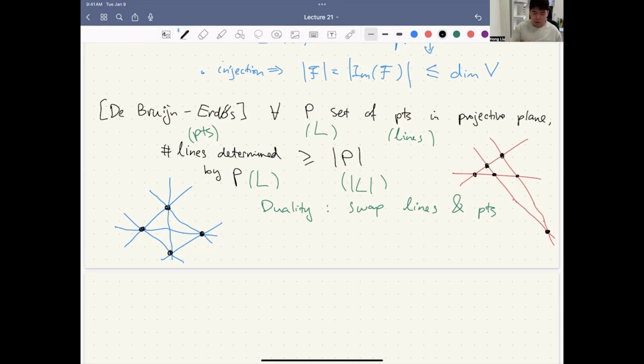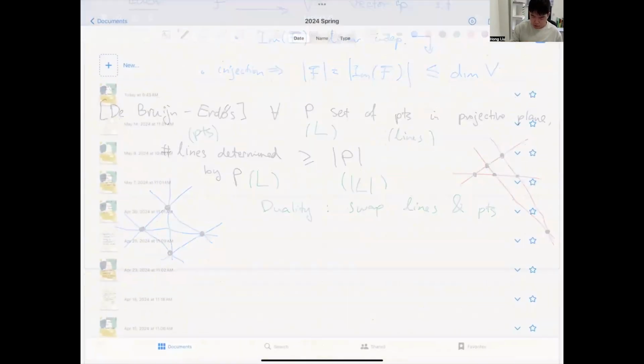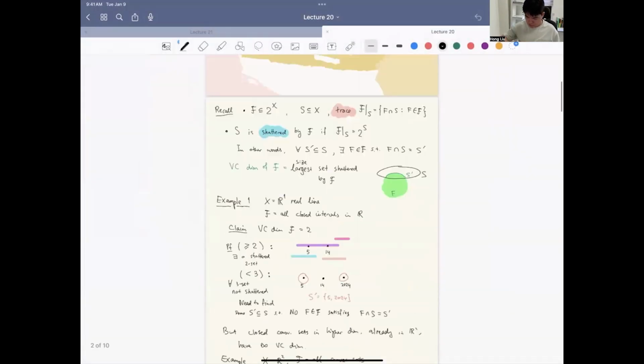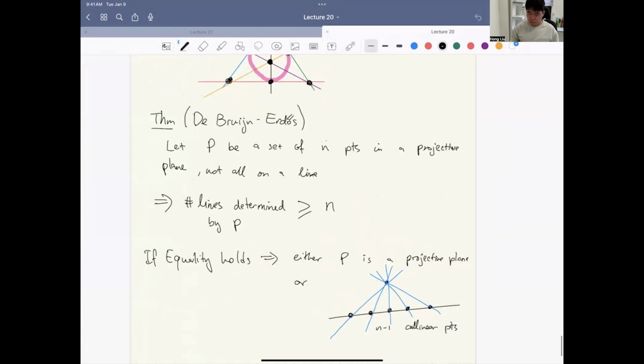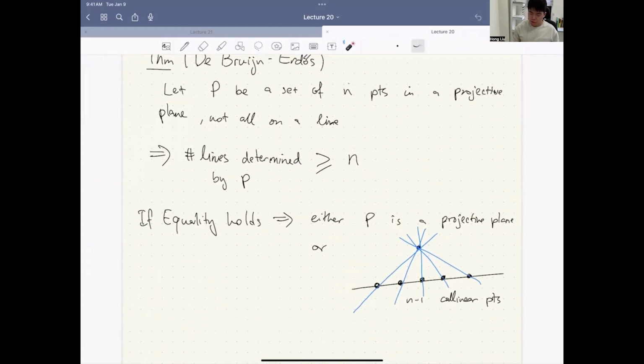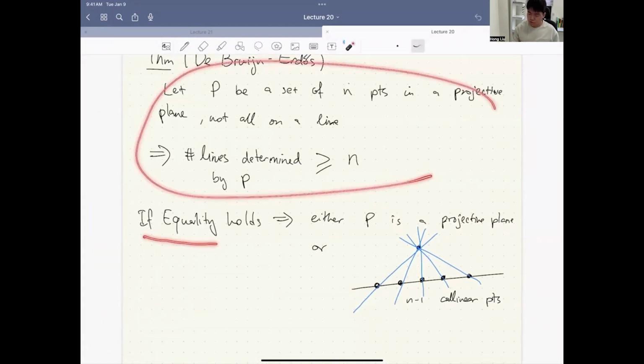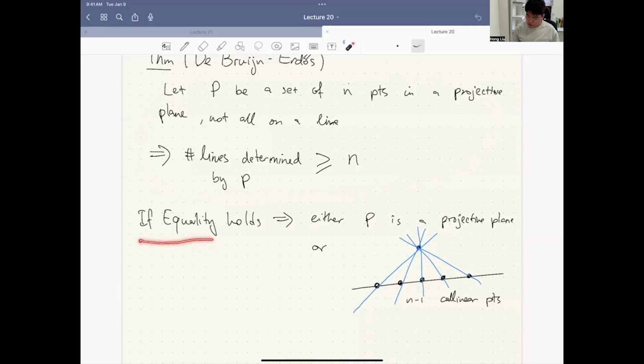So the remark, did I make the remark last time? Yes, I'm just going to mention it here, but we will not prove it. We will prove a weaker version of this one. The remark is that if equality holds, if the number of lines determined by points equals exactly the number of points, then there are two cases: either P itself is a projective plane, or you have this degenerate configuration.